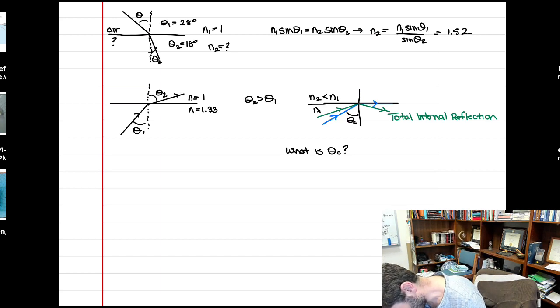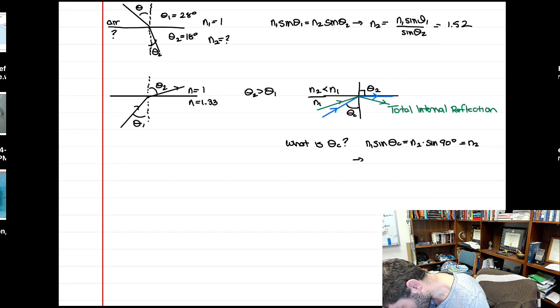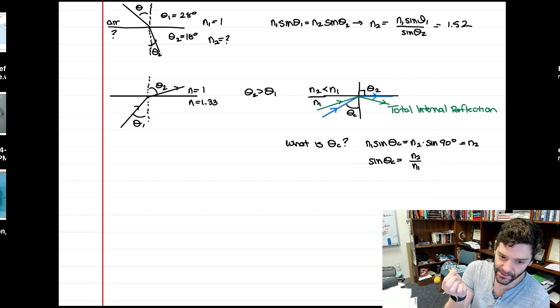So by Snell's law, it looks like you have n1 sine of theta crit equals n2 times the sine of the angle, which looks like it's 90 degrees. If I'm just looking at the blue lines, that's theta 2. Well, sine of 90 is just 1, so that's just n2. Let me just solve that. It looks like sine of theta crit is n2 divided by n1. Now here we can do a sanity check.